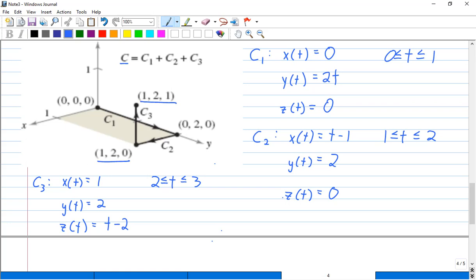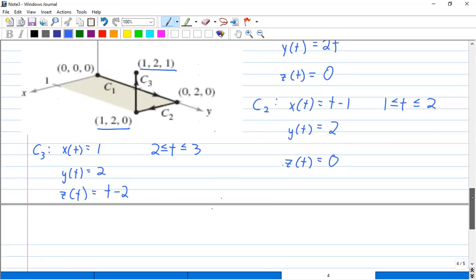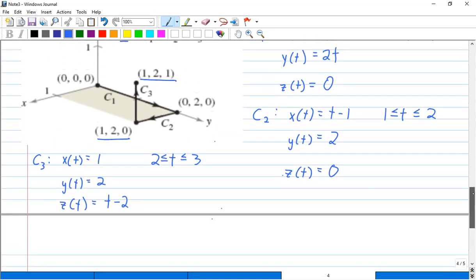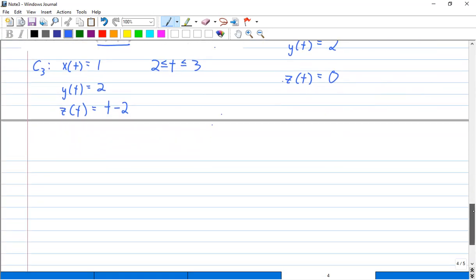Alright, so once I write down and do the parametrization of each one of those parts of the partition, of the 3 partitions of the smooth curve C, then I can write a piecewise smooth equation.